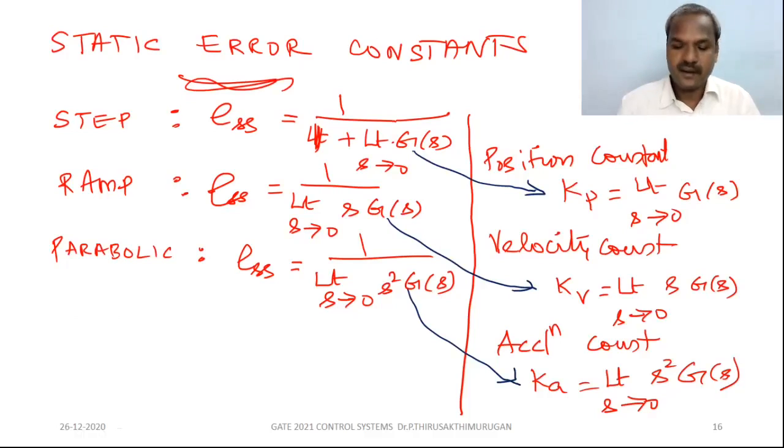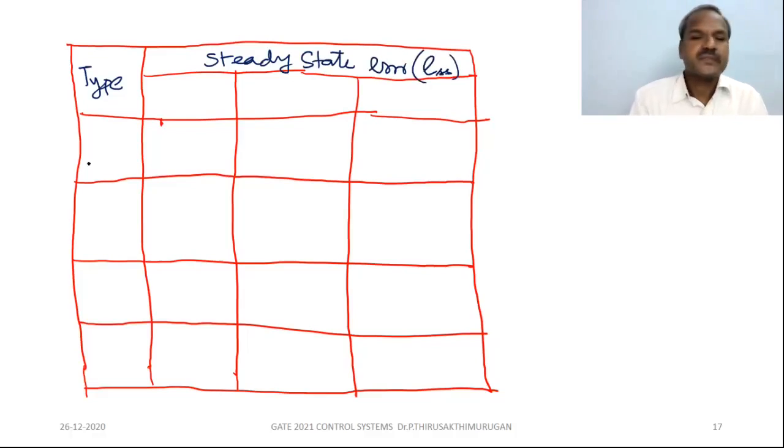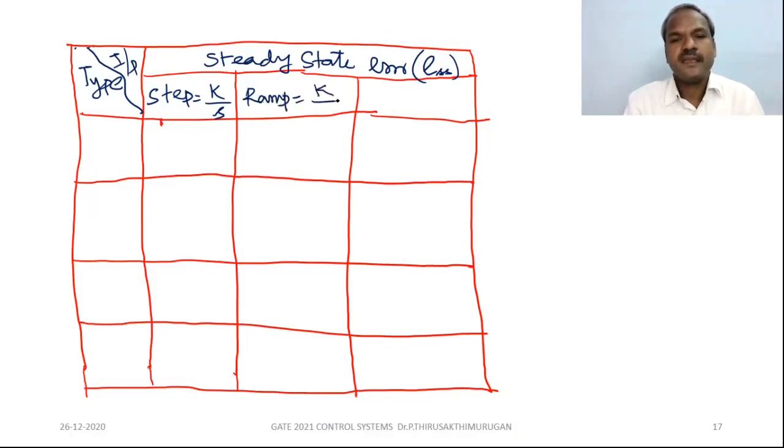Say this is type, and this is steady state error, ESS. The inputs are step, given as K by s, ramp input, K by s square, then parabolic.